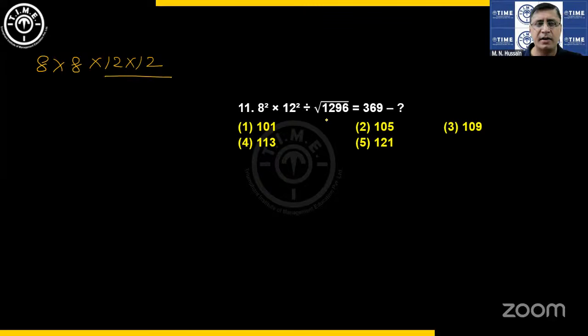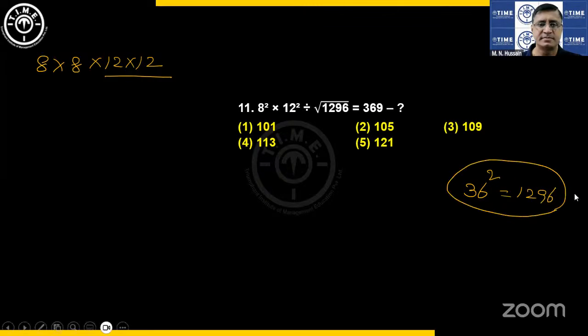Divided by 1296. Now let me check what is the square root of 1296. 1296 is equal to 36 square. So what is 36 square? 1296. So 36 is the value.